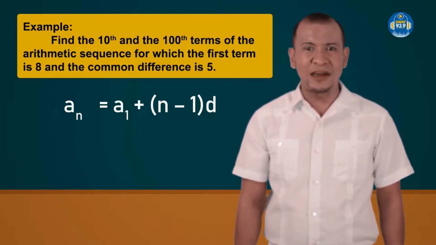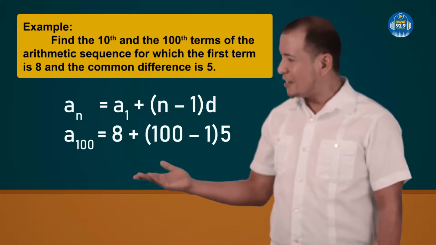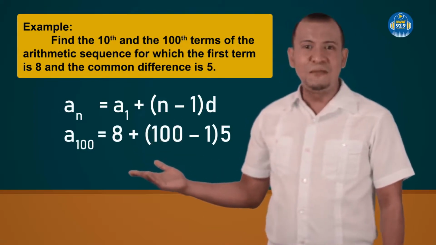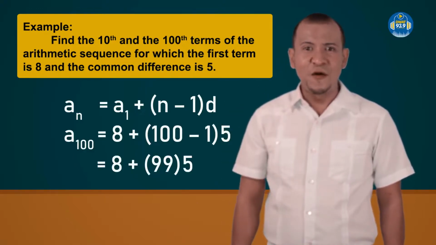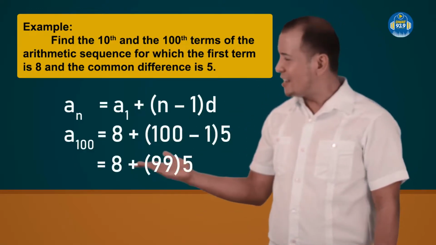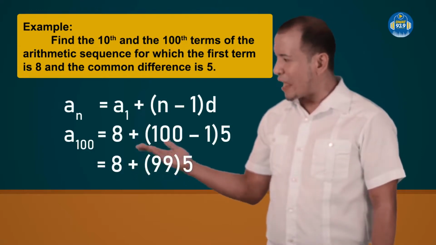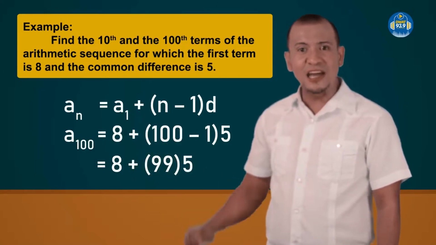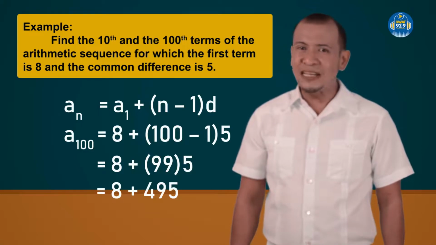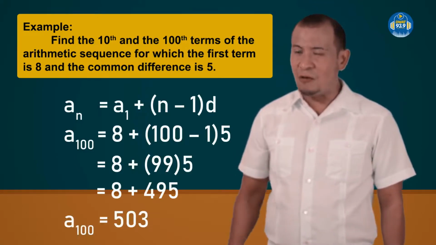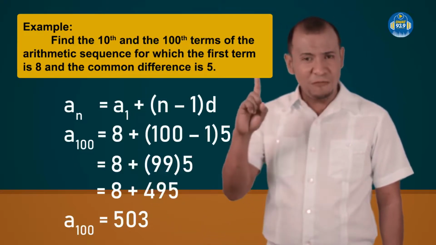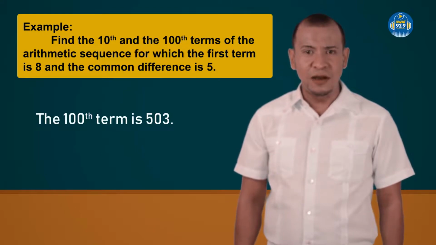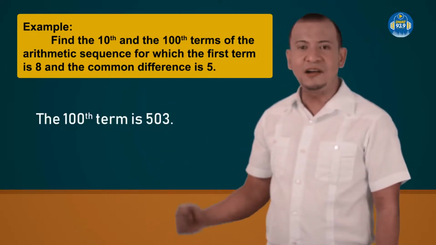So a sub 100 equals 8 plus 100 minus 1 times 5. Simplifying further, we have 8 plus 99 times 5, and this is equal to 8 plus 495. So, a sub 100 equals 503. Therefore, the 100th term is 503.